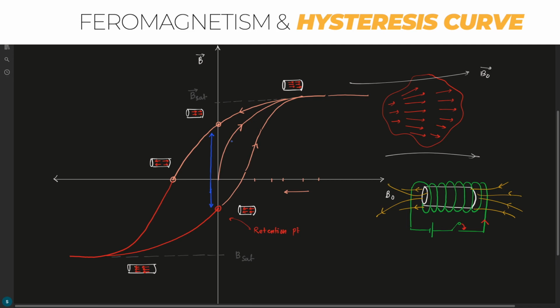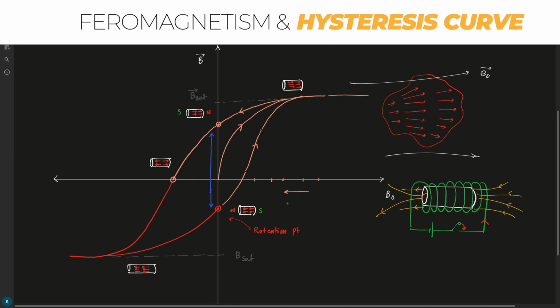So now if I ask you, at some given point, after the removal of the external magnetic field, the ferromagnetic substance can show the north pole in this direction and south pole in this direction, and also it can show north pole in this direction and south pole in the opposite direction. So it is also possible.